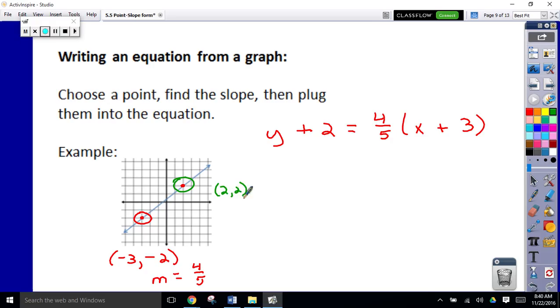So then our equation is going to look slightly different. Katie, can you tell me what the equation would be if we use the point 2, 2? Well, we don't have a negative sign here, so we want to do y minus 2.